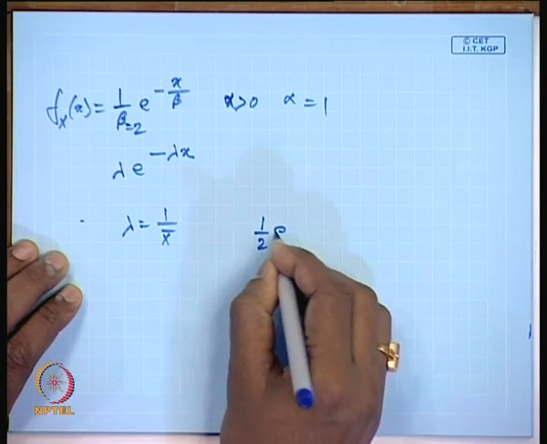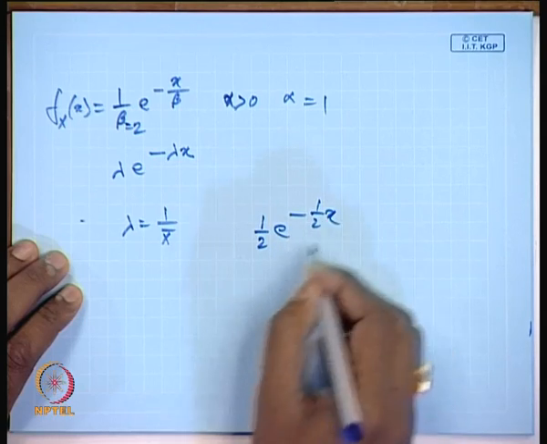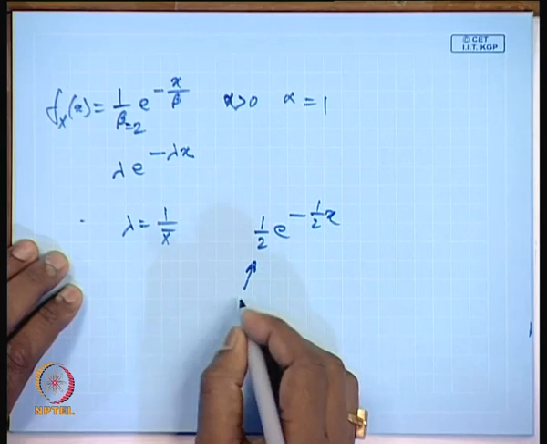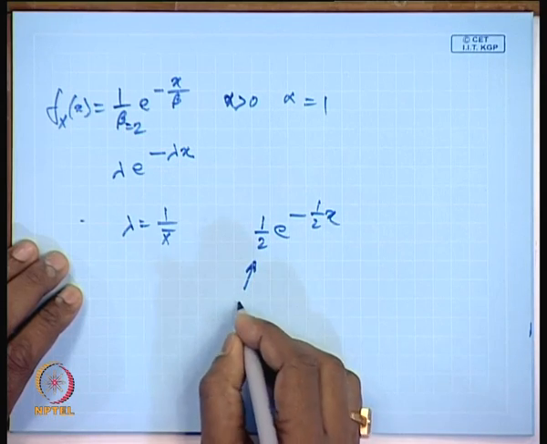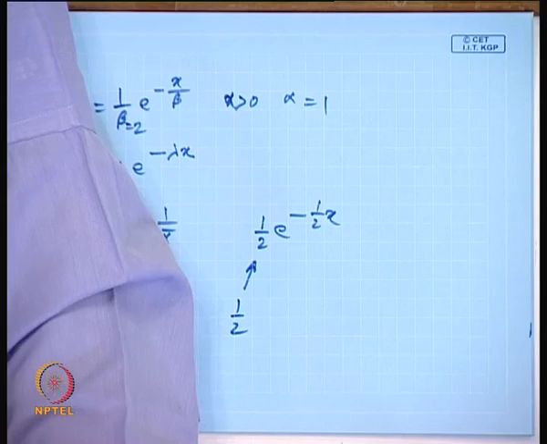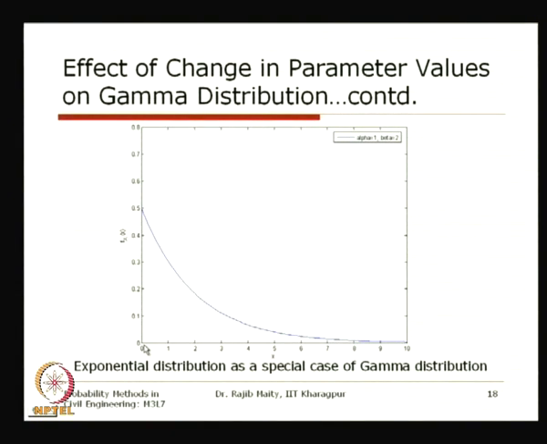So, it is half e power minus half x. At x equal to 0 the value is 1 by 2. In this plot you can see that at x equal to 0 it starts exactly from 0.5. If we change beta, the starting point of the density will change, but the shape will be the same as the exponential distribution as long as alpha is equal to 1.